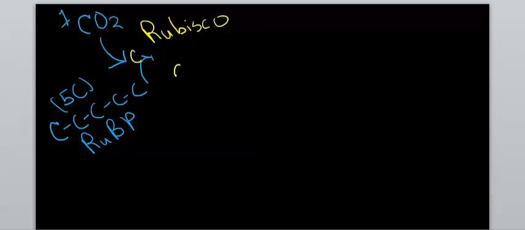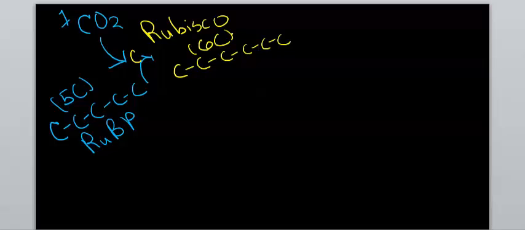And so we get 1, 2, 3, 4, 5, 6, a 6 carbon molecule. And this is an unstable molecule. Remember, you didn't use any energy to attach it, so it's unstable.